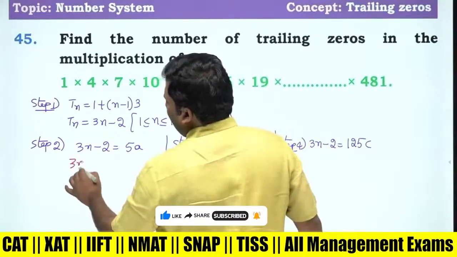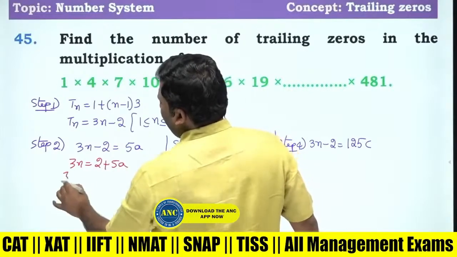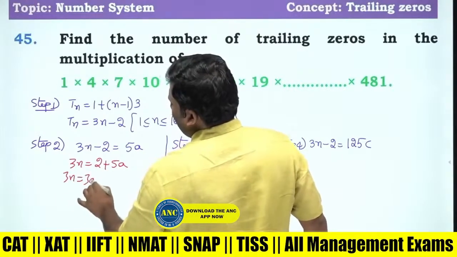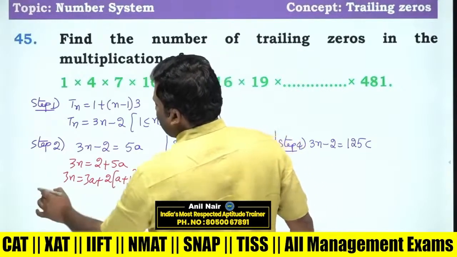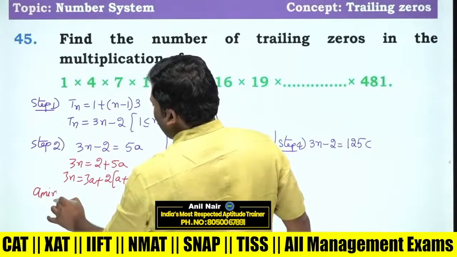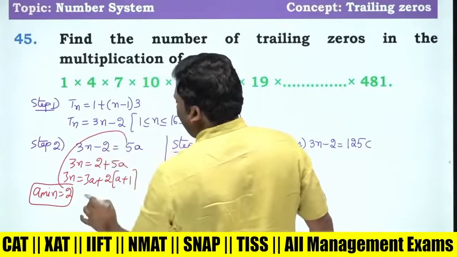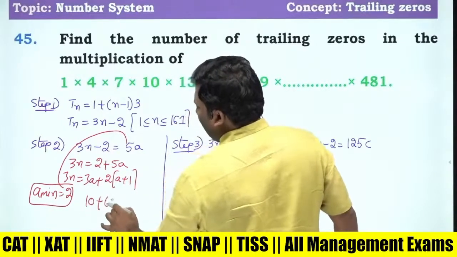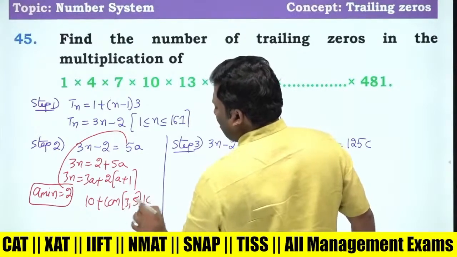So this will be equivalent to 2 plus 5a. 3n equivalent to 3a plus 2 into a plus 1. That means a minimum will be 2. If a is 2, then the lowest value will be 10. This number is divisible by LCM of 3, 5 into k.